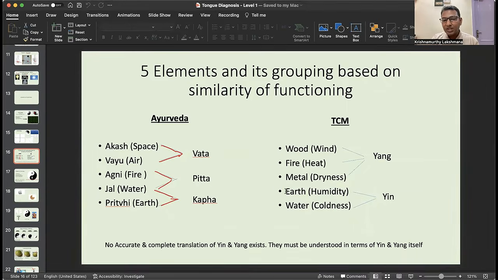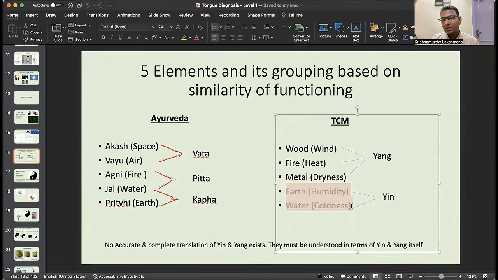If these two things become more in any object, it becomes more yin. And if these three become more in any object, they become more yang.